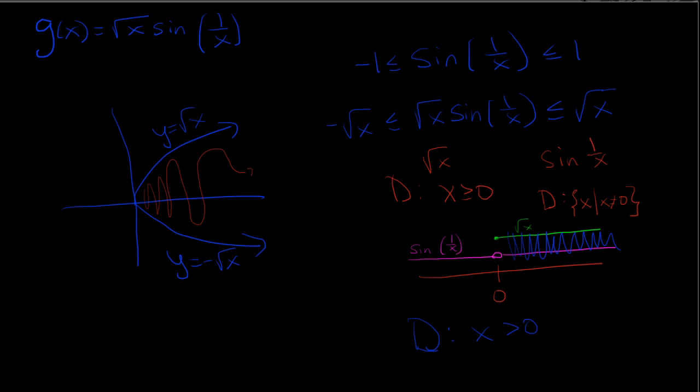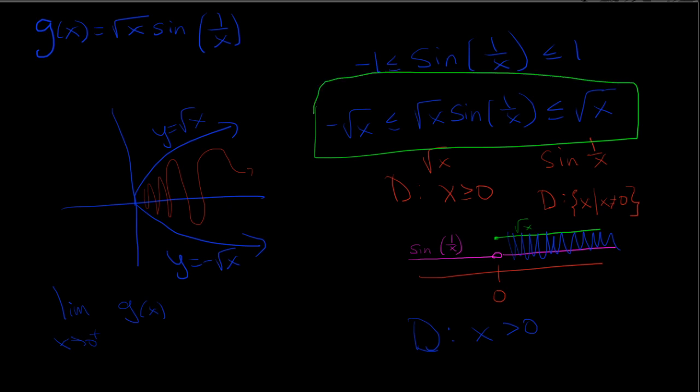First, what is the limit as x approaches 0 from the right of g of x? The way we're going to do this is by looking at this inequality over here.